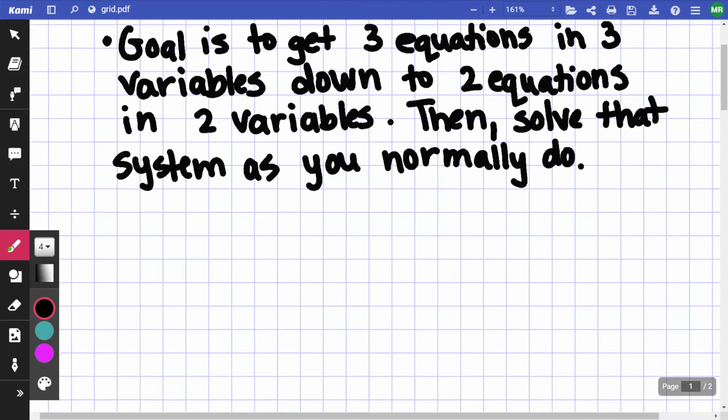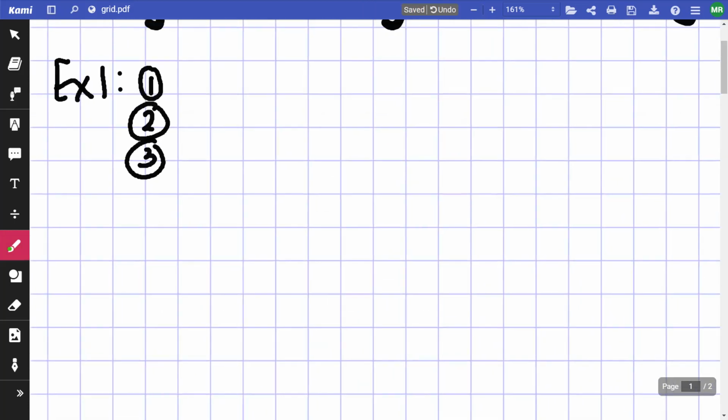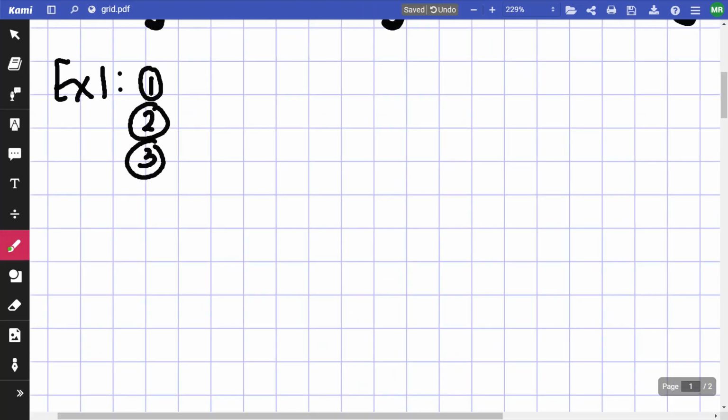So our first example. Example 1. And I'm going to number these equations just so I can talk about them. So let's say one of them is equation 1, one of them is equation 2, one of them is equation 3. And I'm going to zoom in a little bit more. Okay, so let's say that the first one is negative 5x plus 3y plus 2z is equal to 11.